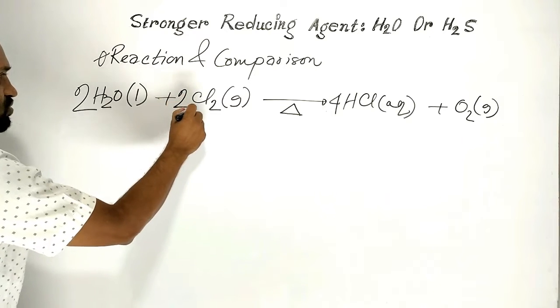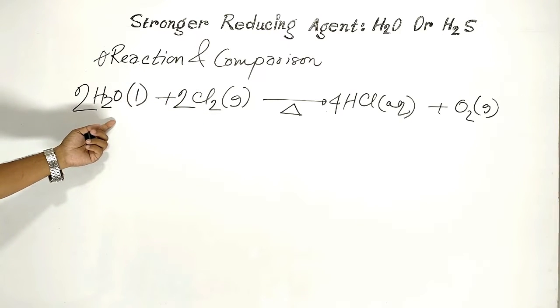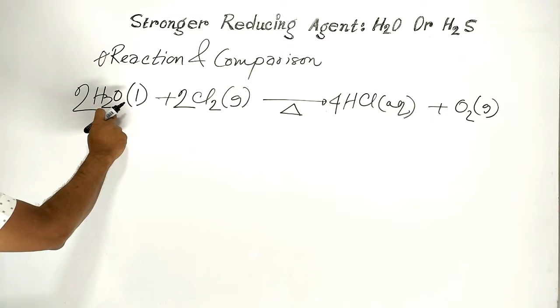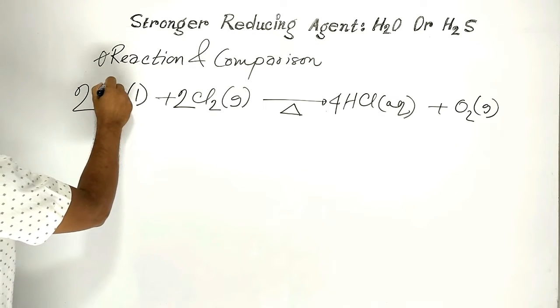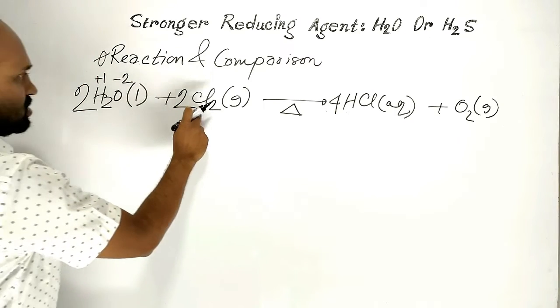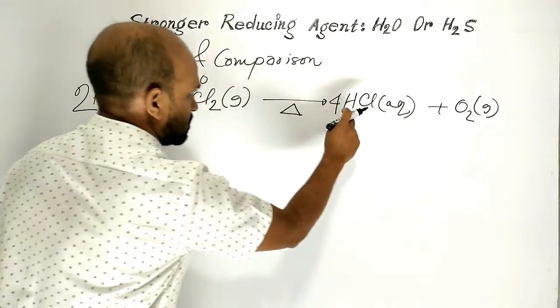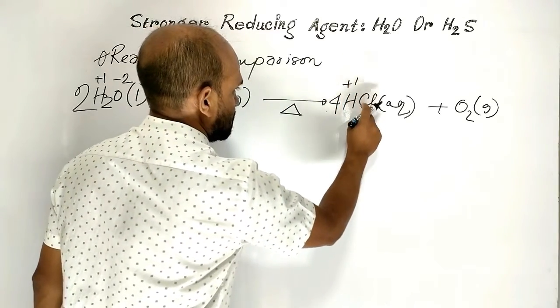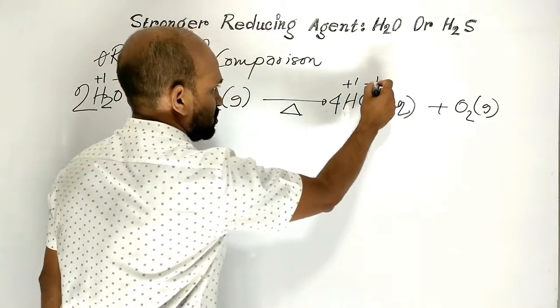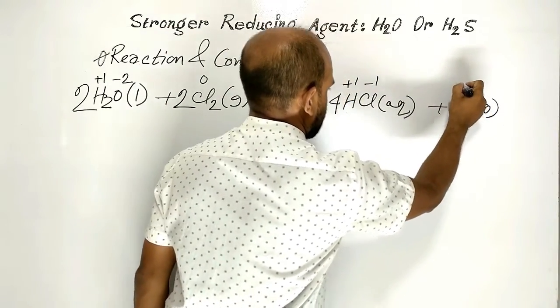Here now 4 chlorine atoms. Now the reaction is balanced. Here oxidation number of oxygen is -2, hydrogen +1. Oxidation number of chlorine is 0. Here hydrogen +1, chlorine -1. Oxidation number of oxygen is 0.